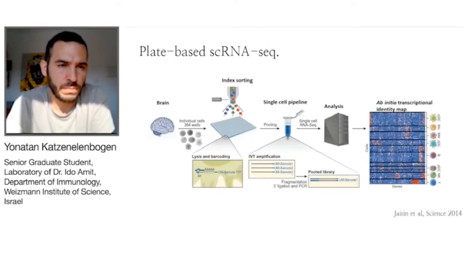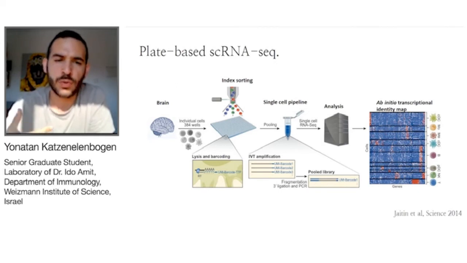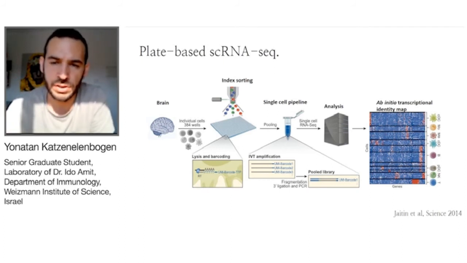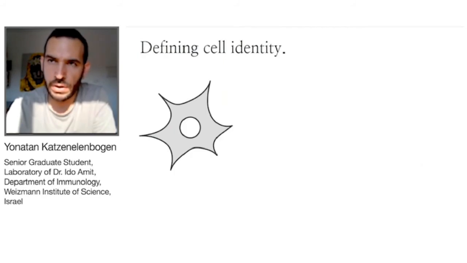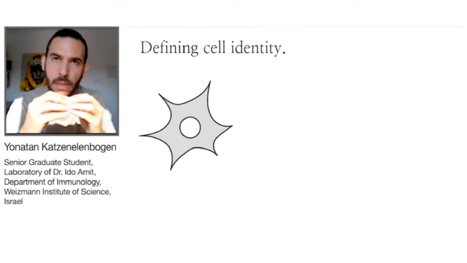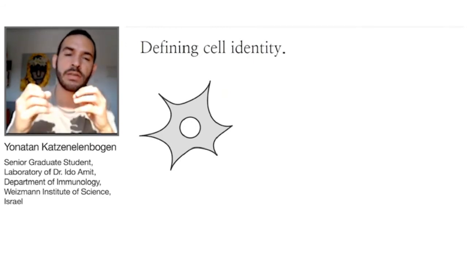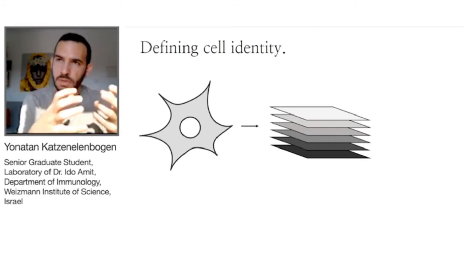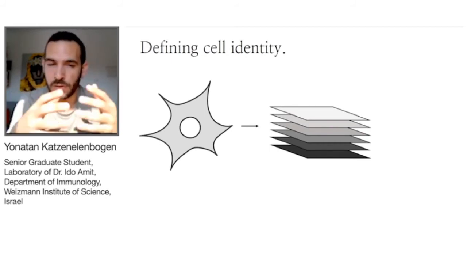We have this protocol of plate-based single-cell RNA sequencing. We usually get a single-cell suspension, we stain the cells, then we sort them, produce these libraries, as Mandovi mentioned, and analyze the data afterwards. When we want to define cell identity, we want to accumulate many layers of information regarding our desired cells.